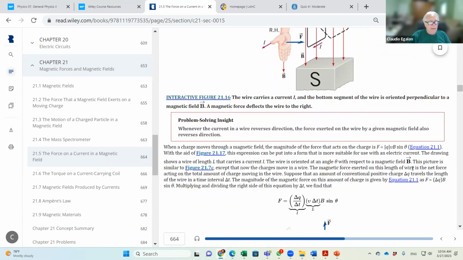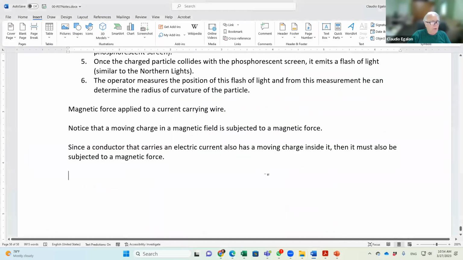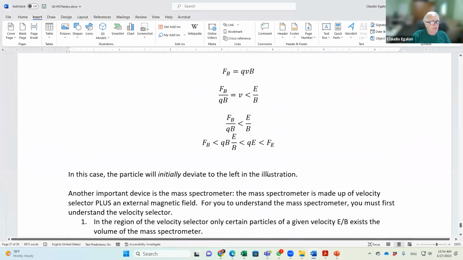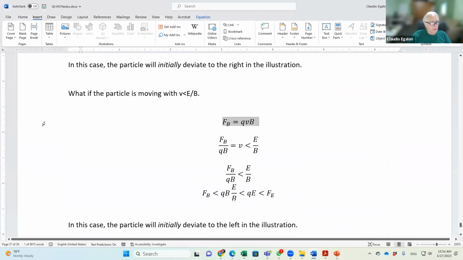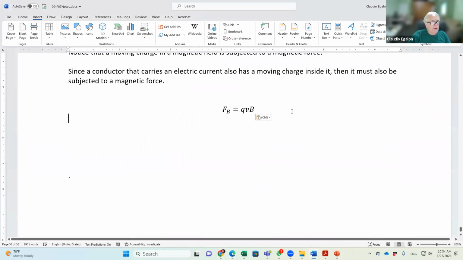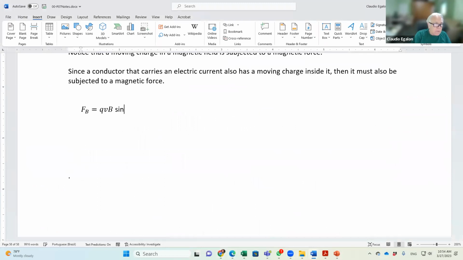How do you do that? Let's take a look. Here you go. We have the equations here, and I'm going to derive step by step. Just go back to your qvB, the magnetic force, but don't forget now that we must have the sine of theta to get a more generic equation.